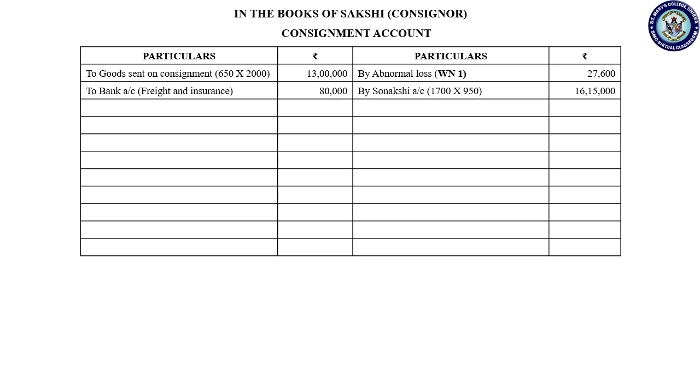Next, he also incurred the following expenses. Now who incurred? Sonakshi. So we have to write Sonakshi's name. You cannot write to bank. So expenses on the debit side, and we cannot write to bank because it is not incurred by Sakshi but by Sonakshi.